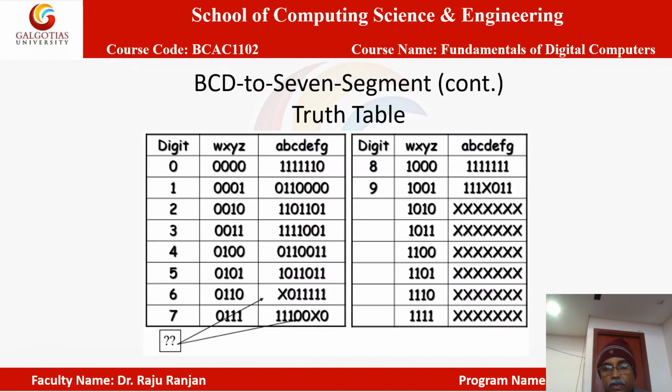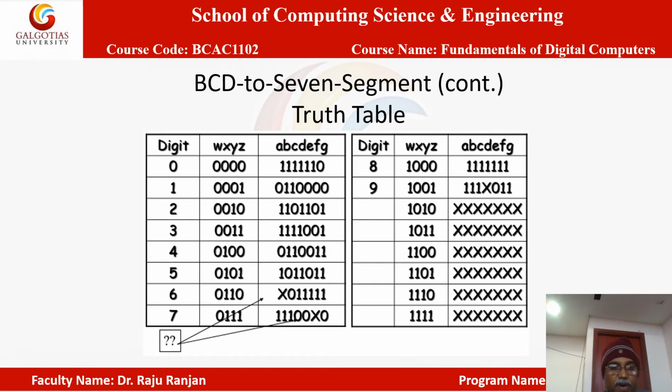Similarly, other digits can be represented. For example, digit 1 is represented in BCD as 0001, and for displaying 1 only 2 LEDs will be on, and those are B and C. So it will be represented by 0110000.